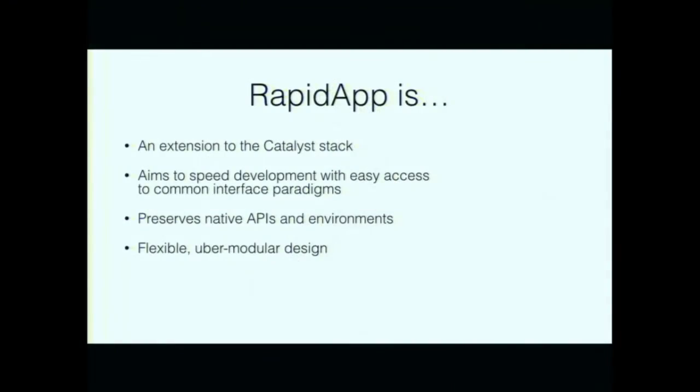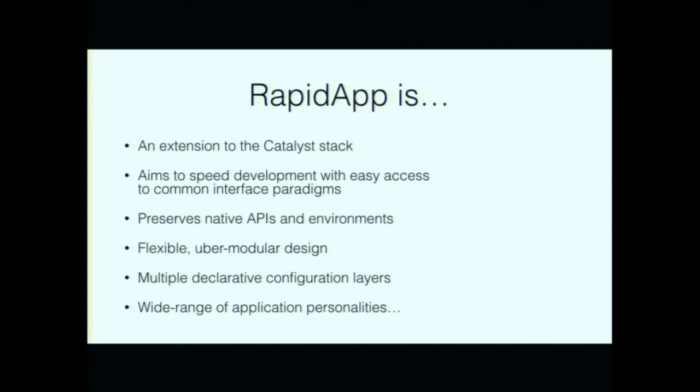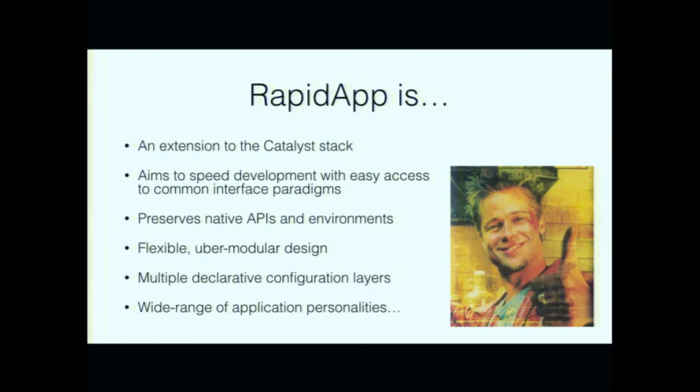Models, views, and controllers, all of those paradigms still work. It's aimed to be a native extension. As we'll see, it has a very flexible, uber modular design, and it has multiple declarative configuration layers on top of that, which is what I'll be showing in the demo section. And this opens up a wide range of application personalities, which is a very good feature.